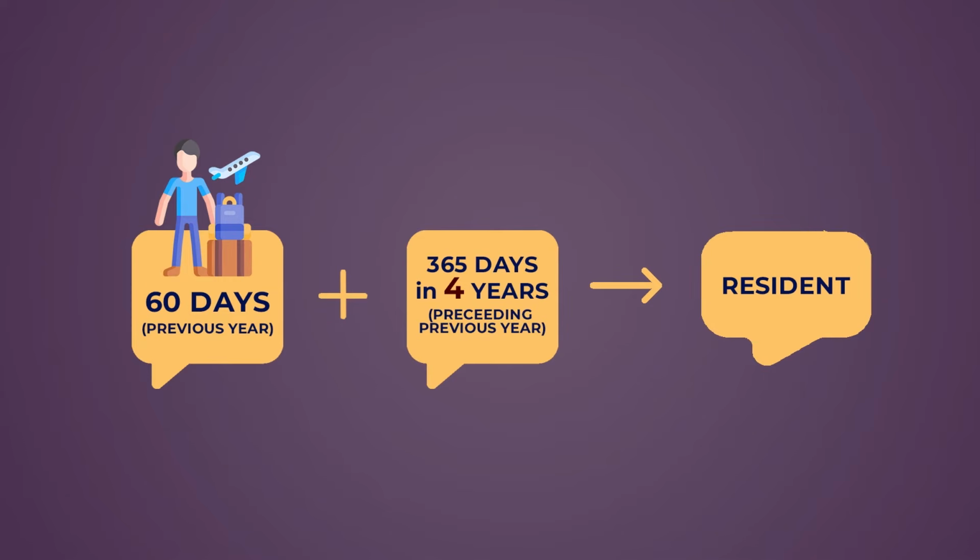To quote an example here, if the previous year was 21-22 and we will take only 60 days of stay in this year, and the 4 years, that block which immediately precedes this previous year, that is starting from April 1st, 2017 to 31st March 2021, if the stay has exceeded 365 days, then also a person will be becoming resident for tax purposes in India.